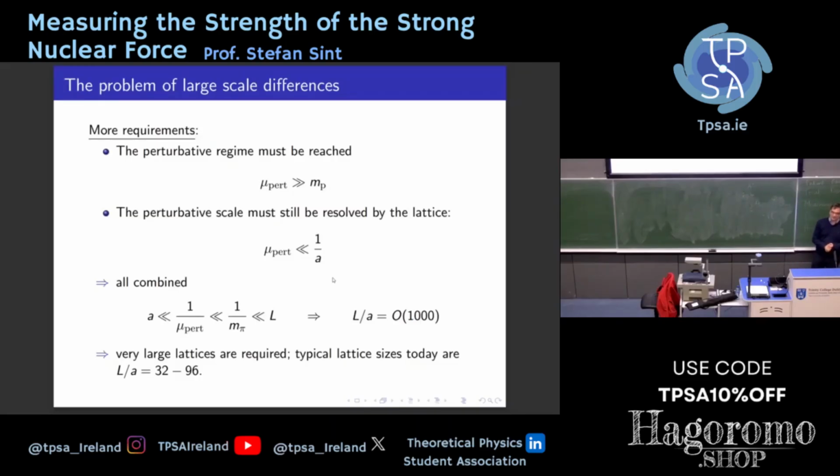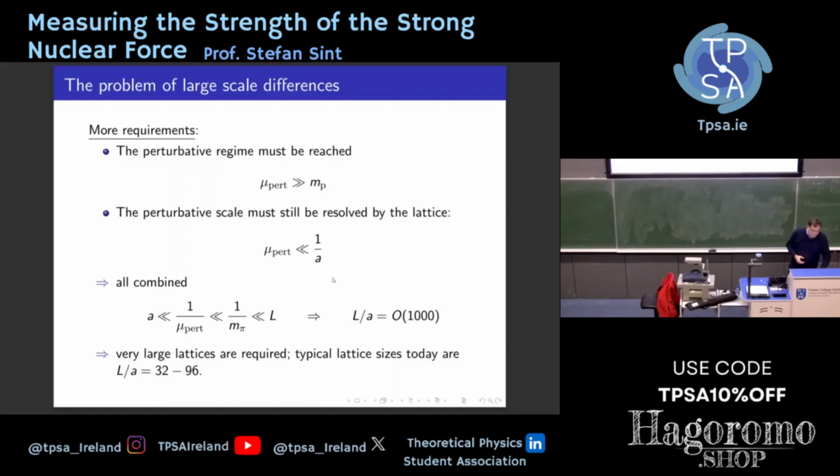So the problem of large scale differences: we must also make sure that we reach the perturbative regime, that the scale must be much larger than, say, a typical hadron mass, like the proton. But then the lattice cutoff should still be much larger, because we don't want to study the physics of the lattice cutoff in lattice QCD. That's not interesting. There's no new physics to be discovered there.